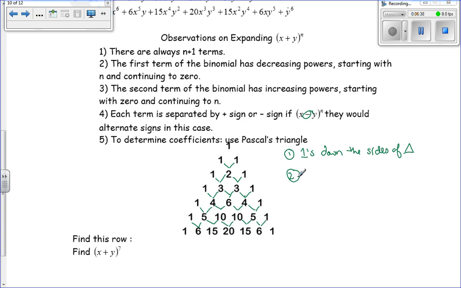So each entry is the sum of the two entries above it.